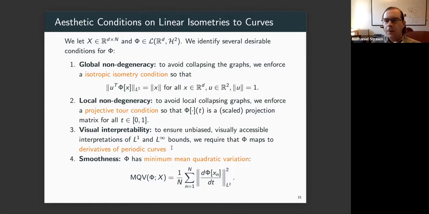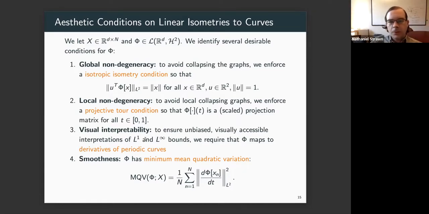If I'm mapping to periodic curves, L1 is simply the integral over speed, or the total distance traveled by something moving along the curve. And L infinity bounds on the derivative are saying that points close by should flock together. When they move in 2D, they move together ideally.